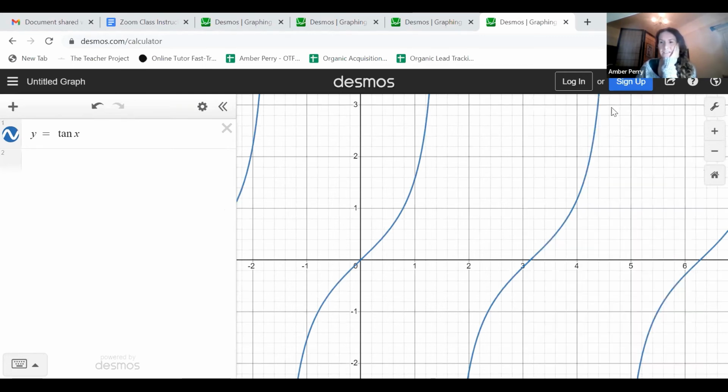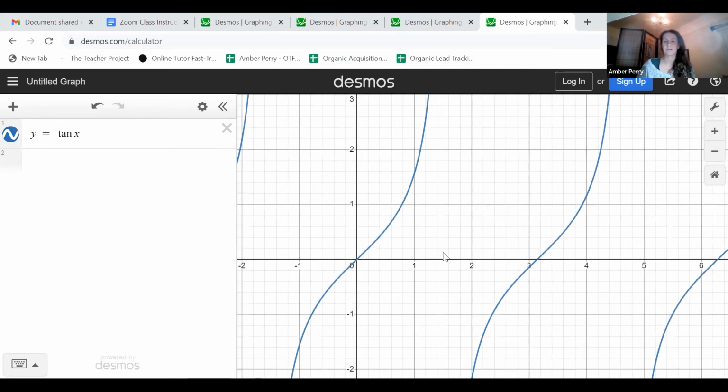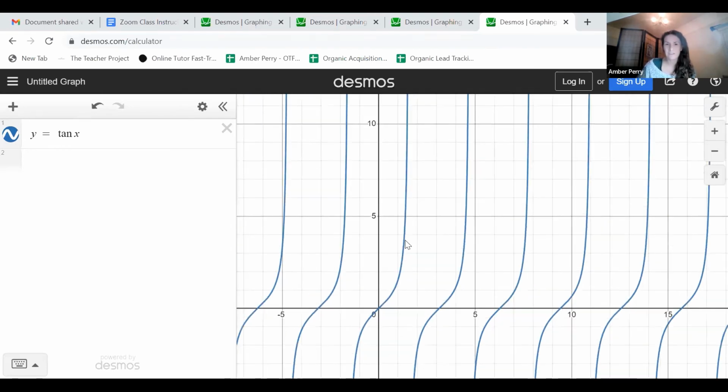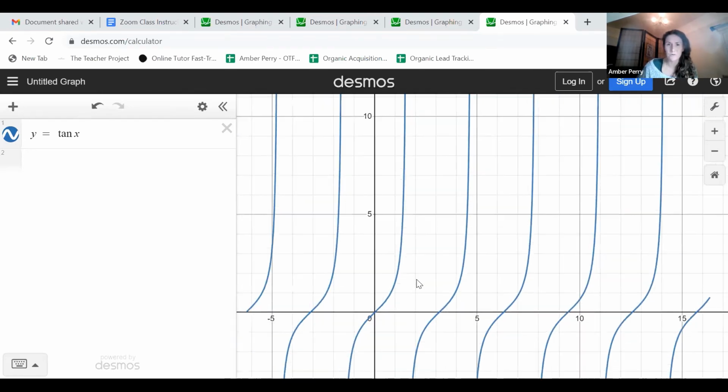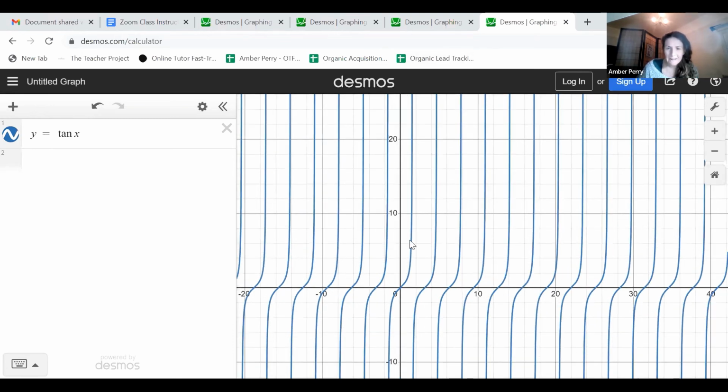Okay, I don't know quite how to change this to degrees right now, but this point here, if this axis had degrees on it, would be at the point 90 degrees, okay? Because if you try to do tan of 90 degrees, you'll get an error message on your calculator. And that's because tan of 90 degrees is not possible. So it'll go all the way up and all the way down, but it will never actually touch that line.